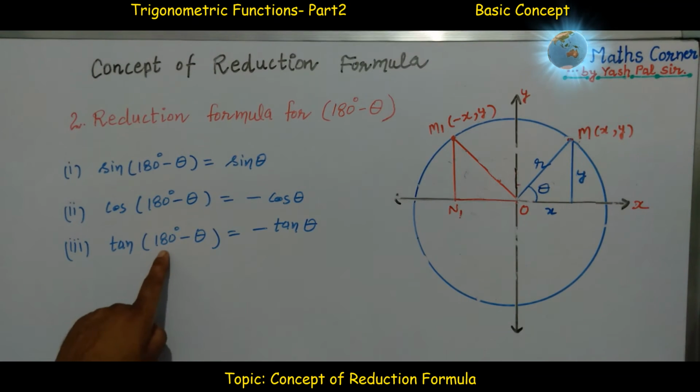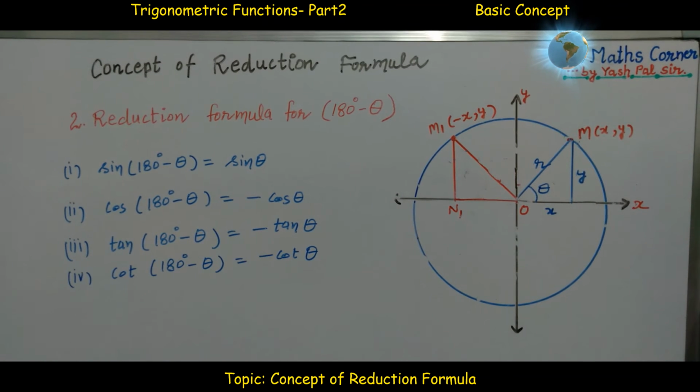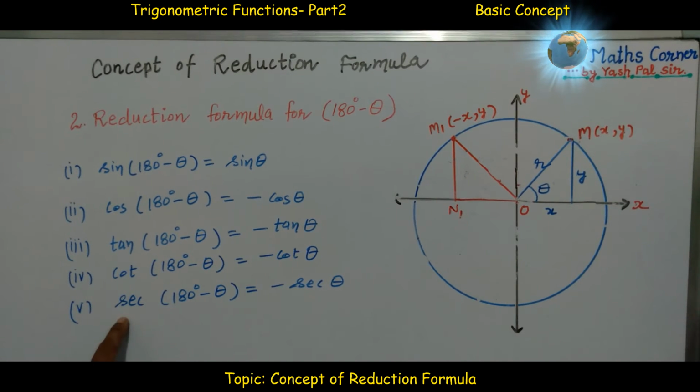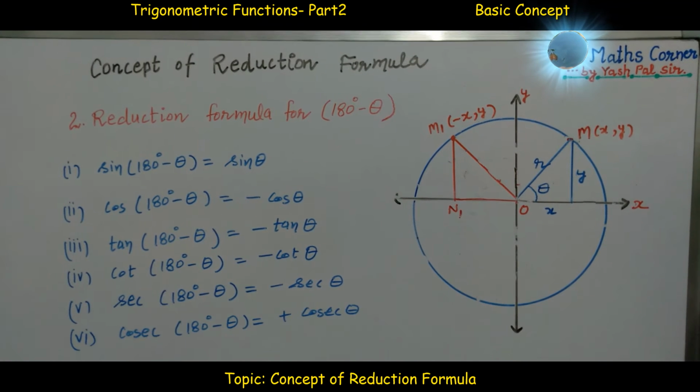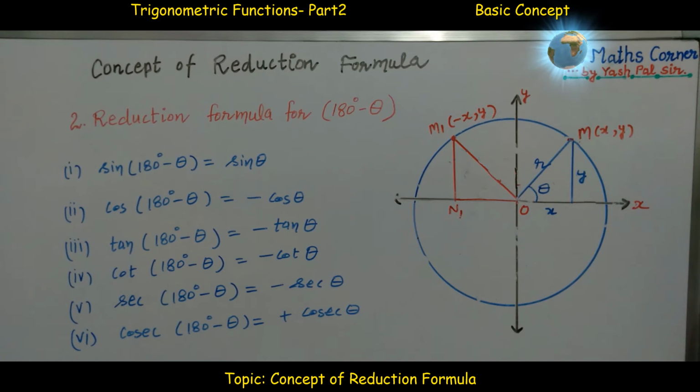Tangent 180 degree minus theta is minus tangent theta. Cotangent 180 degree minus theta is minus cotangent theta. Secant 180 degree minus theta is minus secant theta. Cosecant 180 degree minus theta is plus cosecant theta.